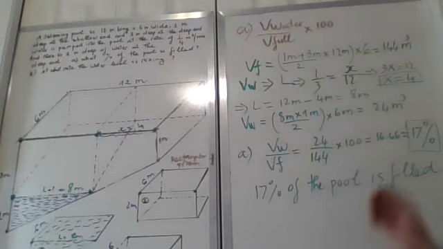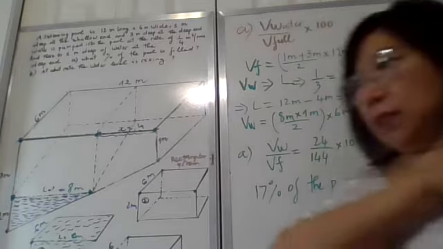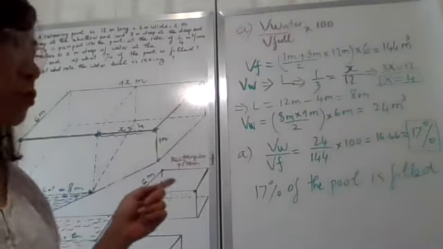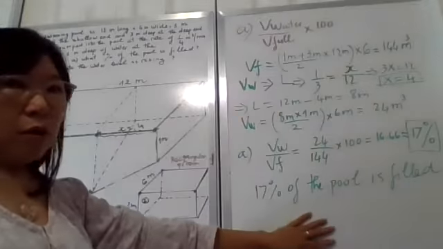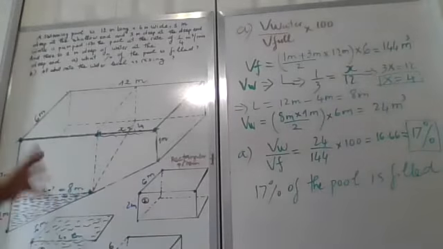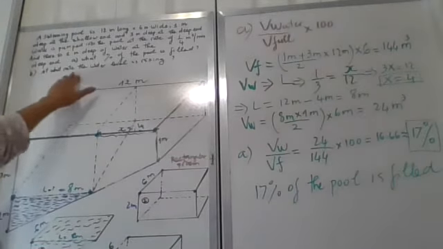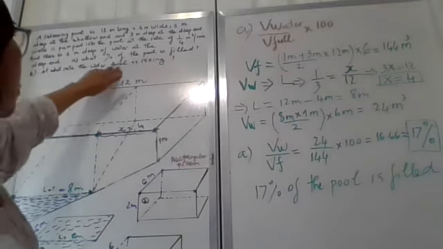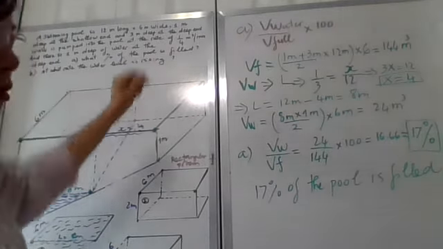Now, because this is a complicated and long problem, I will have to erase this bar, right? So that I continue to do the second question. At what rate is the water level rising?